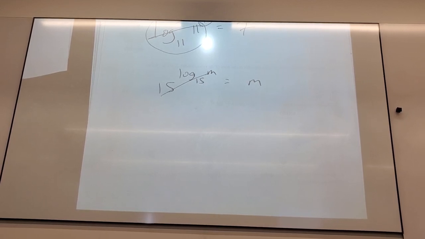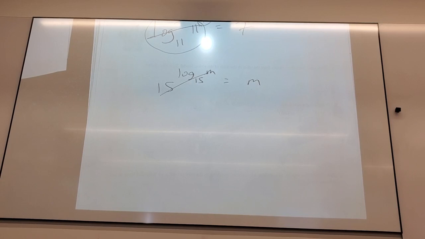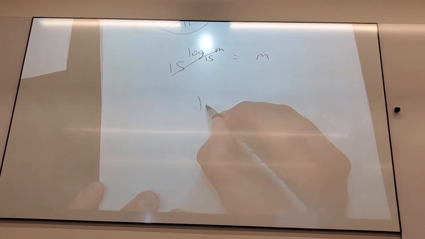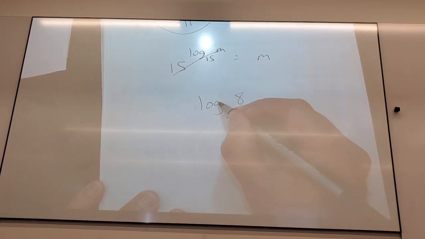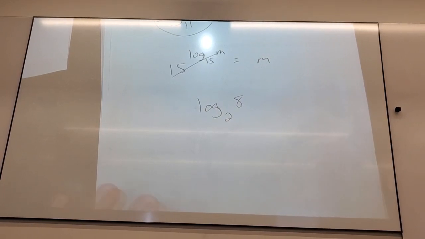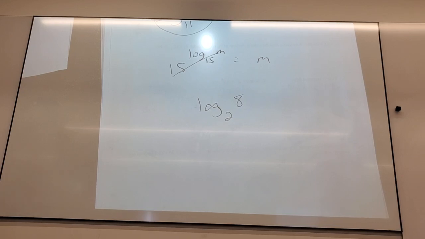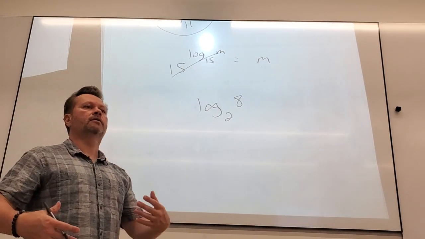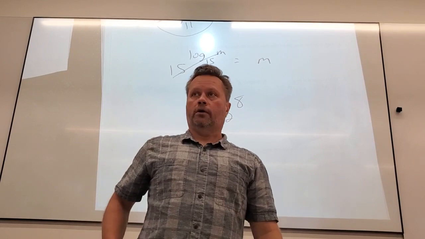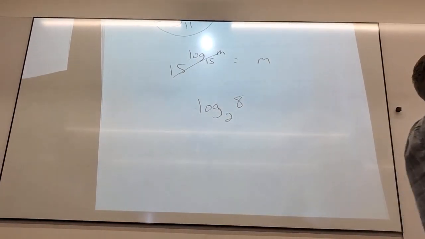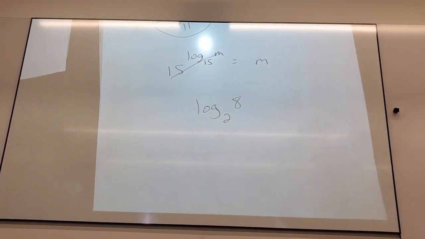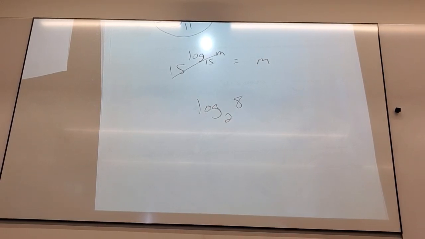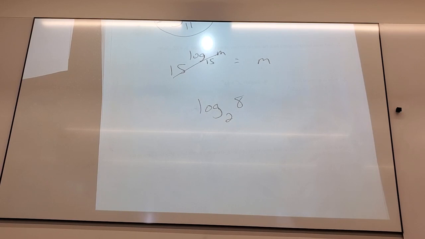I still don't see all the inverses. Let me ask you this. Remind me, the answer to this, what is it again? 3. No, I mean, what does it represent? The answer to any logarithm is a power, right? Which is why the answer to this is 3, because that's what 2 needs to become 8. So let me say that again. Log base 2 of 8 represents the number that 2 needs as a power to make it become 8.